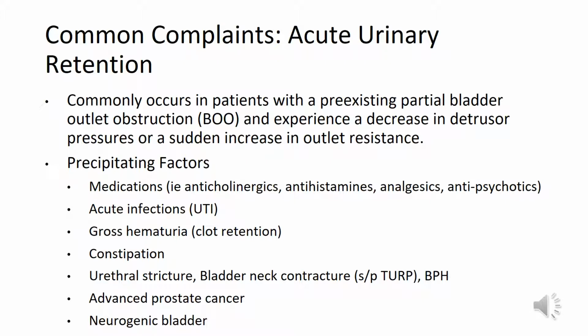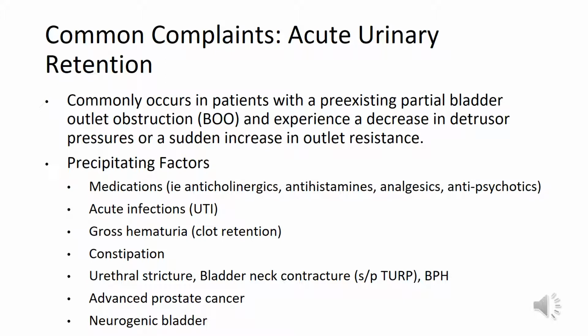Acute urinary retention commonly occurs in patients with a pre-existing partial bladder outlet obstruction and who experience a decrease in detrusor pressures or a sudden increase in outlet resistance.